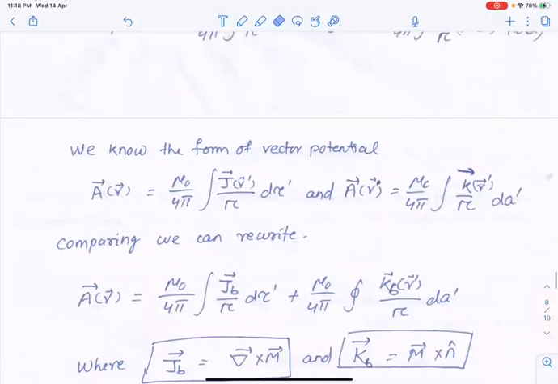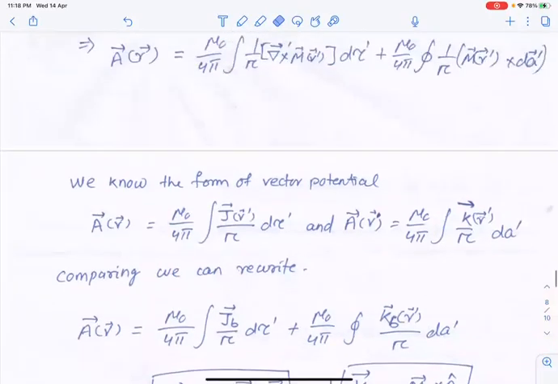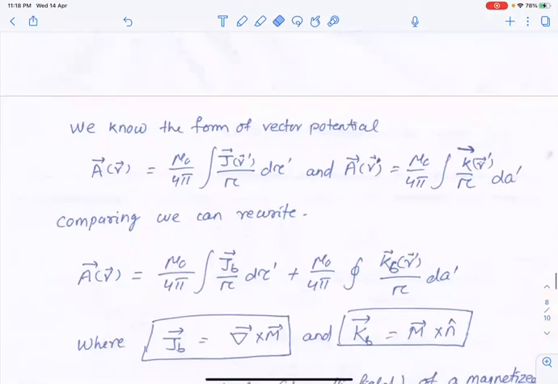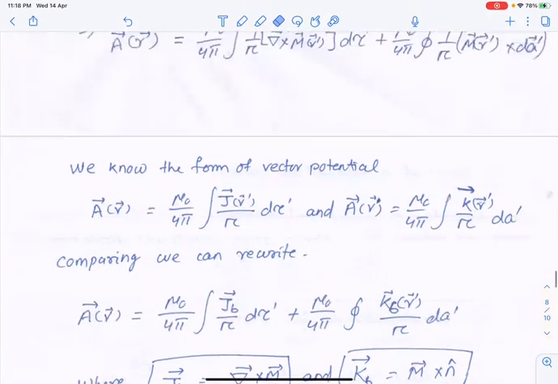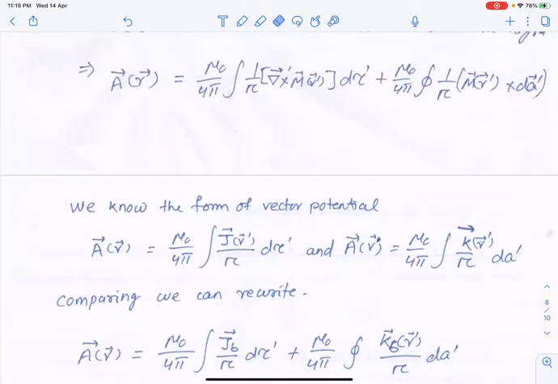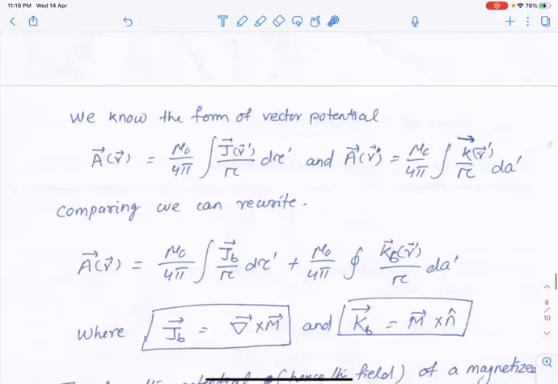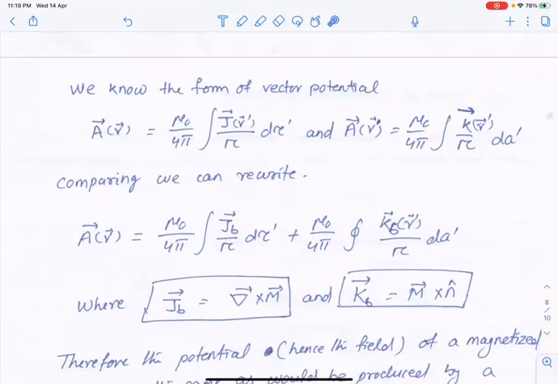Here the dA prime is no more a vector, so you just remove the vector sign, and the surface normal is now n cap, so M cross n cap gives you this cross product. So now we have two quantities, J_b and K_b, which we call bound currents: the bound volume current J_b and the bound surface current K_b.